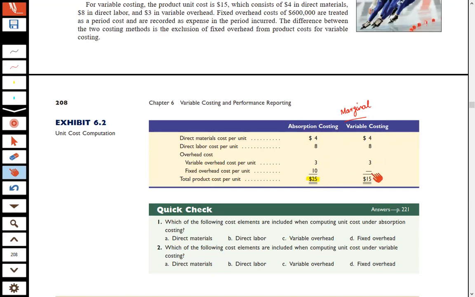We haven't taken the fixed overhead. So our per unit cost would be $15. This is the basic difference between absorption costing and variable costing.